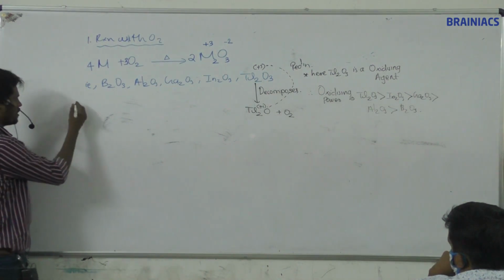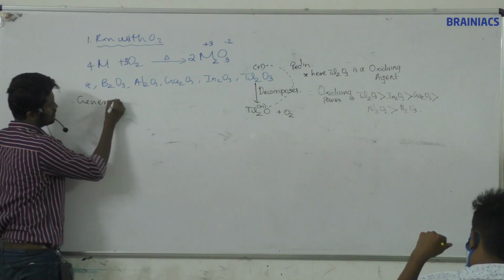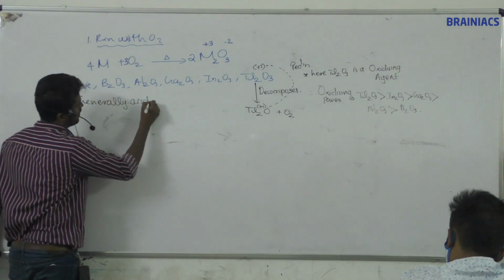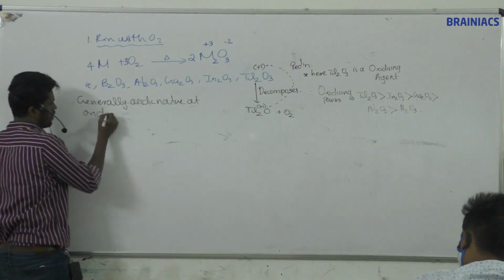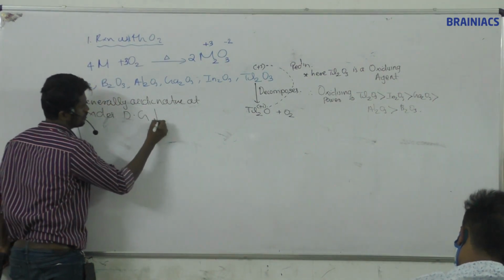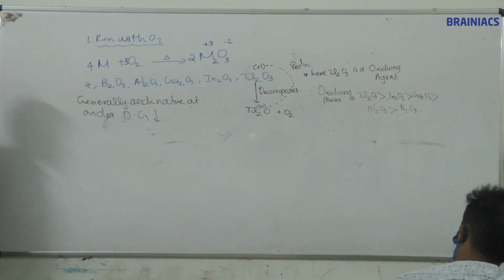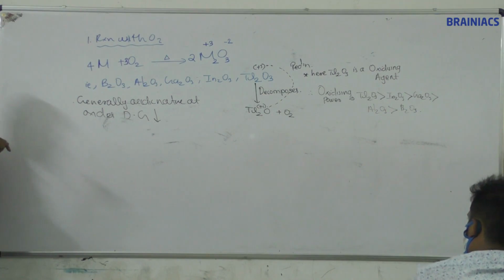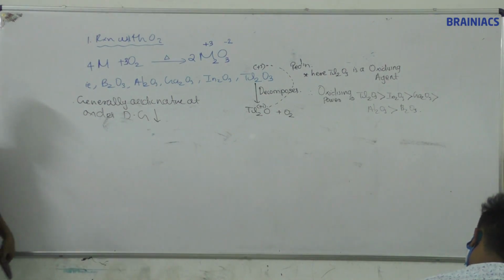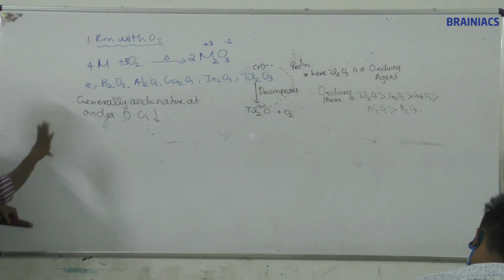In s-block elements we discuss the basic nature of oxides; in p-block elements we discuss the acidic nature. Their basic nature increases down the group, so acidic nature decreases.